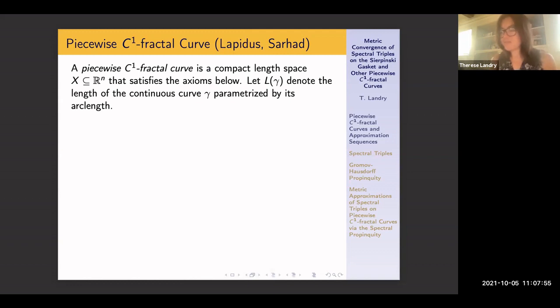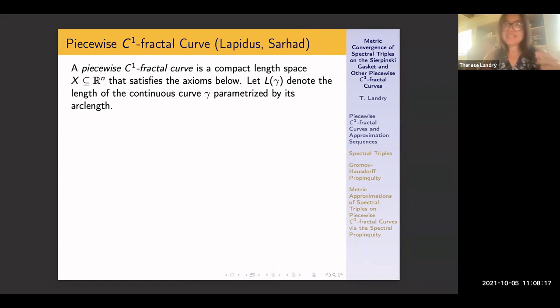So here is our framework for approximating fractal curves like the Sierpinski gasket. A piecewise C1 fractal curve is a compact length space. What that means is that the distance between any two points in the space is realized by the length of a path in the space.